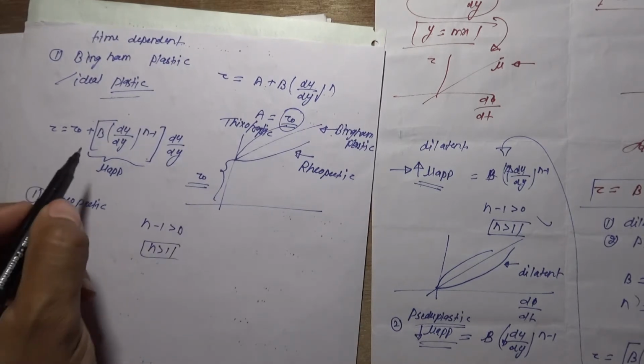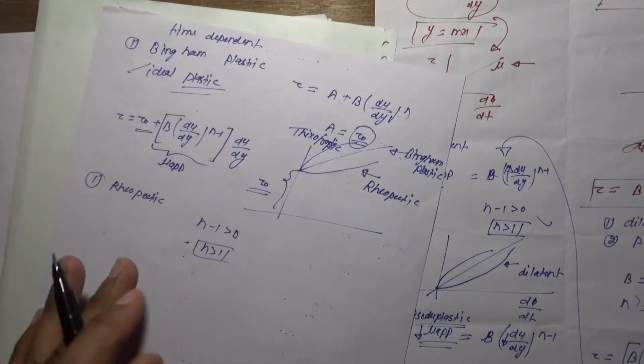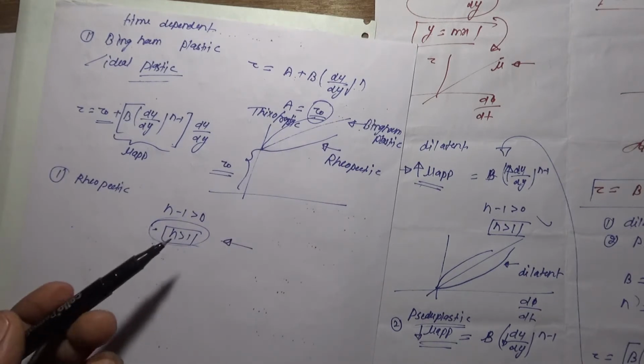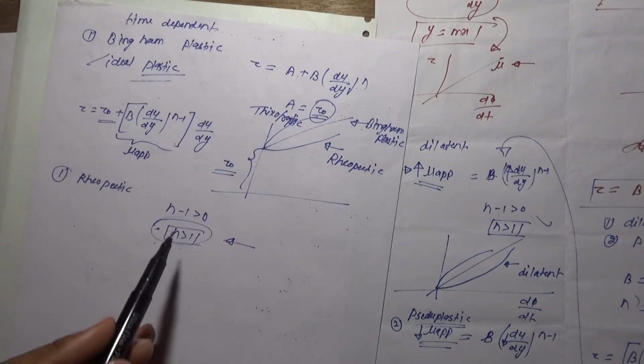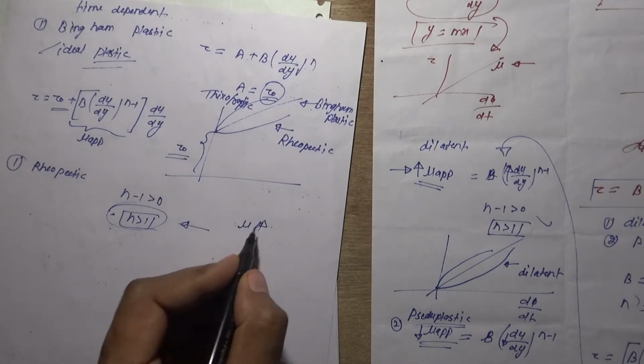So we have to squeeze up to yield stress. Then after that, mu will increase, meaning as the rate of deformation or velocity gradient increases, the viscosity of this fluid will increase.